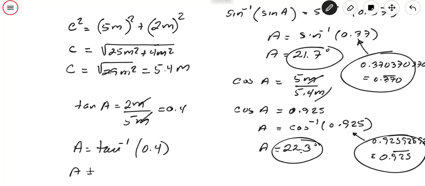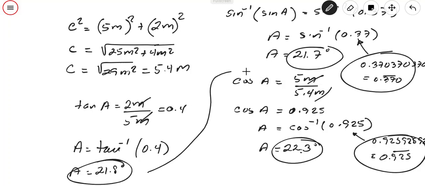Let me do that in my calculator: tangent inverse of 0.4 would be 21.8 degrees. You see, very close to this value, and of course also very close to this one. So the rounding here was what made a difference. So these are the trigonometry ratios that we know.